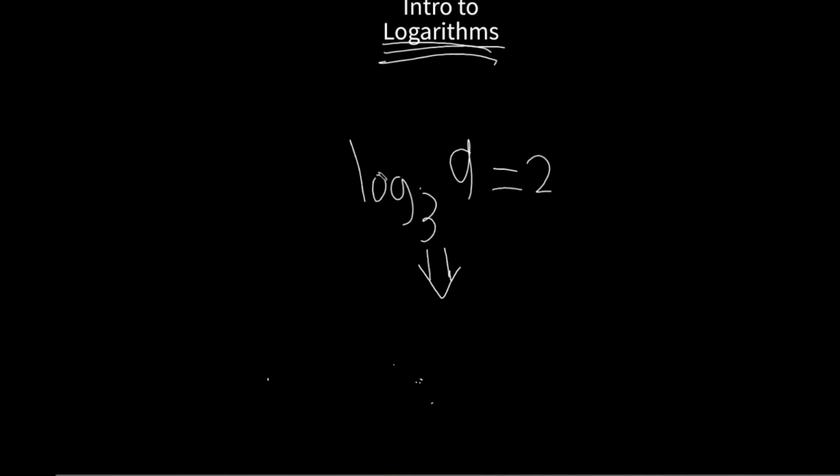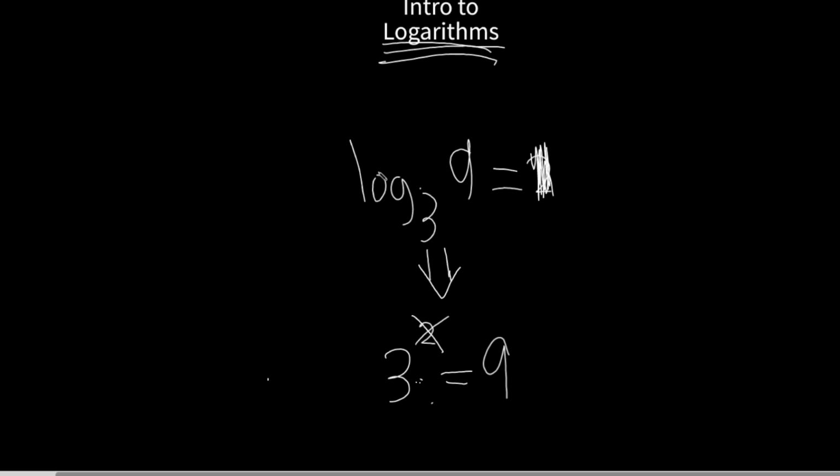So the base will become the base, the 2 will become the exponent, and the 9 will become what it is equal to. So this makes sense because 3 squared equals 9. But let's say we didn't know that this was 2, and just called it x. Well, we can verify that 3 to the second power is equal to 9. So our answer to this logarithm is 2.